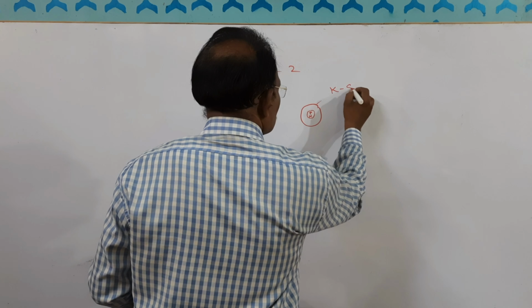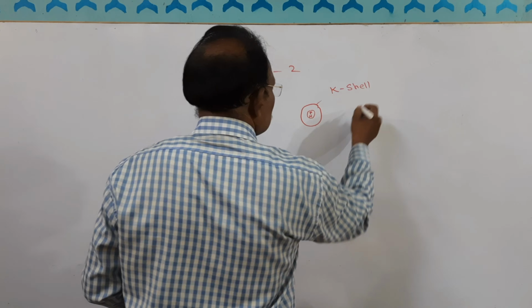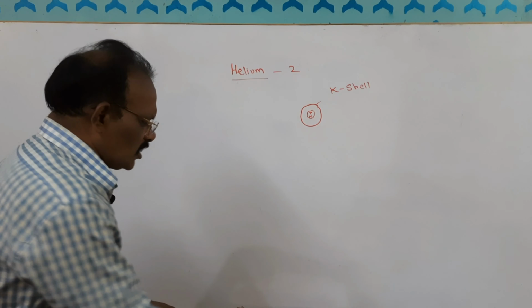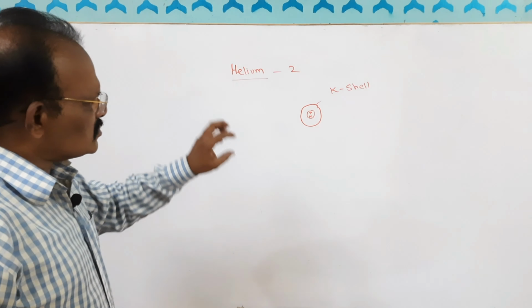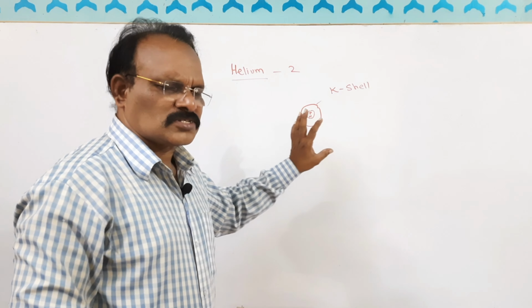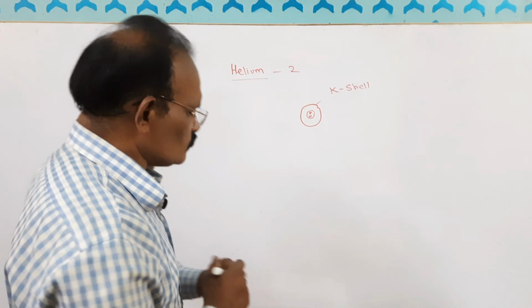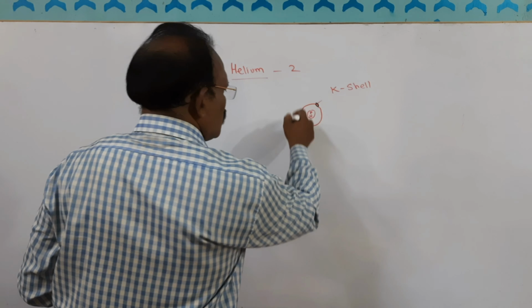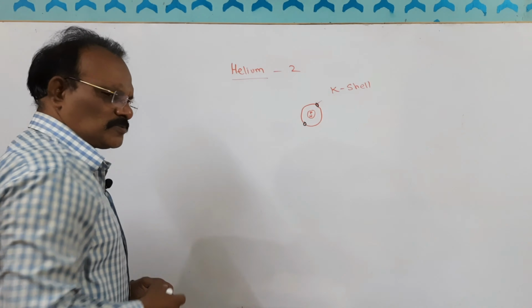It is known as the K shell, or shell number 1. In the K shell, the maximum number of electrons that can move is 2 only, not more than 2.